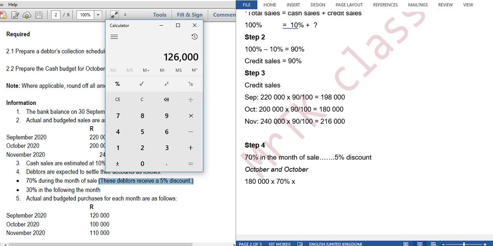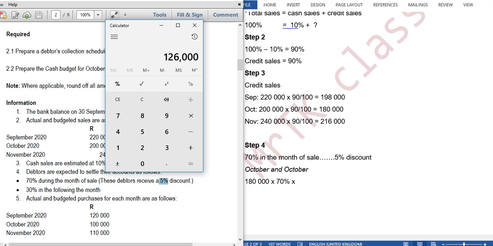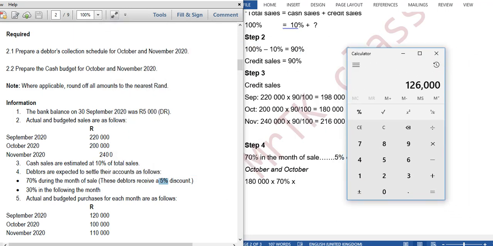If you give someone a 5% discount, it means that they are going to pay you 95%, because you just remove this 5% from 100%. So we are going to say multiply by 95 over 100.